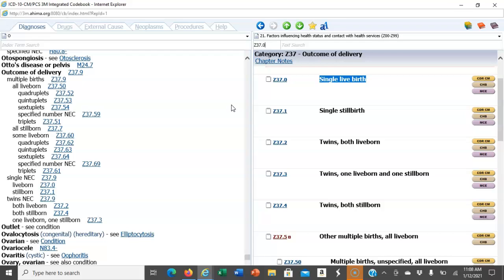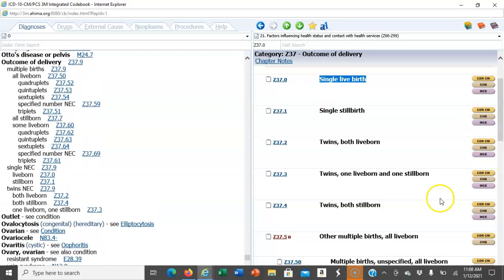And you can see that in this category we have codes single live birth, single stillborn, but again, as I mentioned in an earlier lecture, stillborn babies do not get their own chart, so it is very unlikely that you would ever assign this code. It would not go, I'm sorry, that's incorrect. If the mother has a stillborn baby, she does get this code Z37.1 on the chart to reflect her outcome of delivery. I'm thinking about the code on the baby chart.